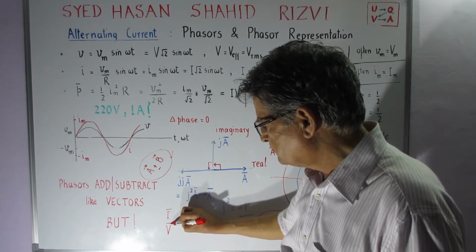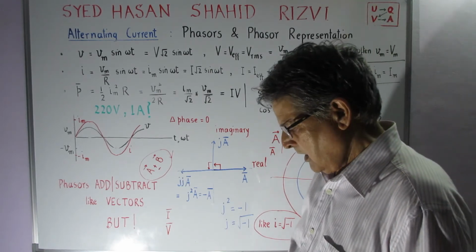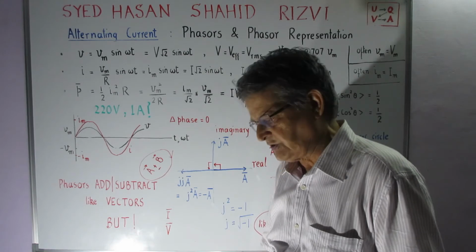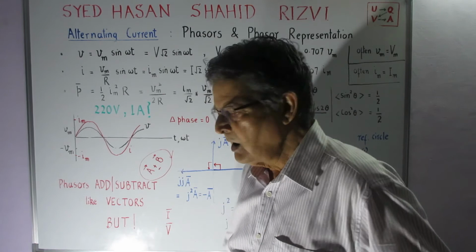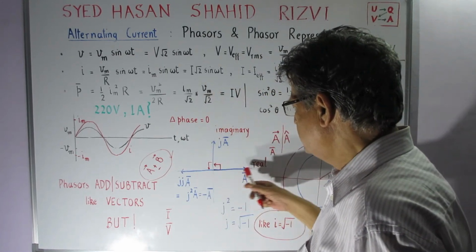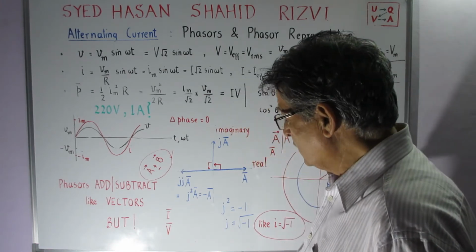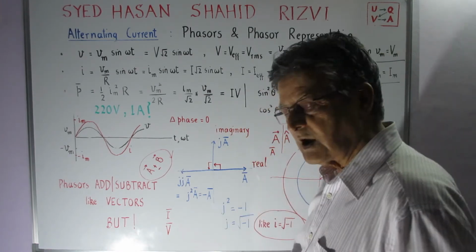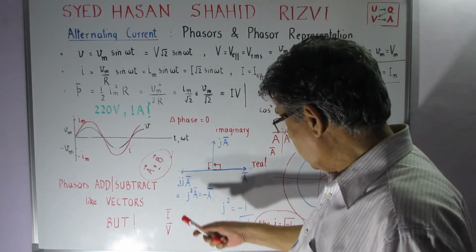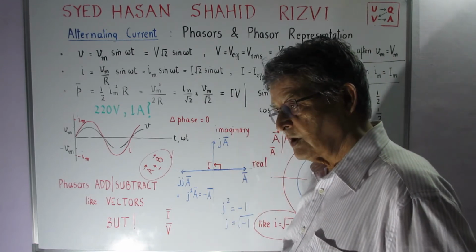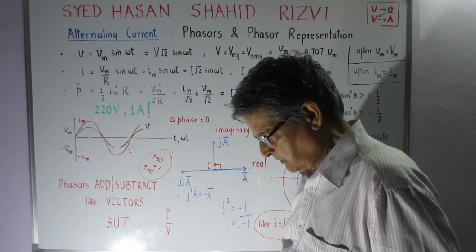There is one point. The other point is that the phasor analysis desires that the voltage and the current be drawn on the same XY curve. What does that mean? Voltage has to be drawn in volts and the current has to be drawn in amperes, and they have to be drawn on the same thing. So that requires us to be vigilant.